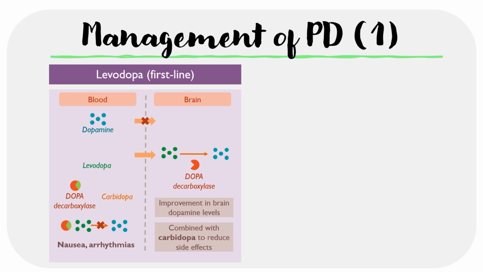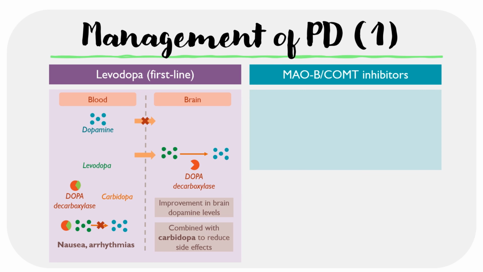Another group of medications used to treat Parkinson's disease are the MAOB and COMT inhibitors. And to explain how these work, both levodopa and dopamine are broken down by 2 enzymes in particular, which include monoamine oxidase B and COMT. And these enzymes work in conjunction to break down levodopa into its constituent molecules.